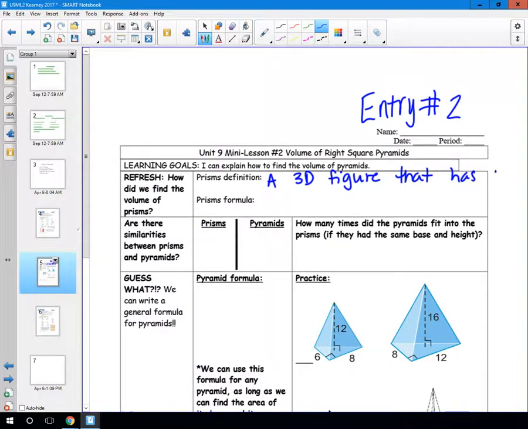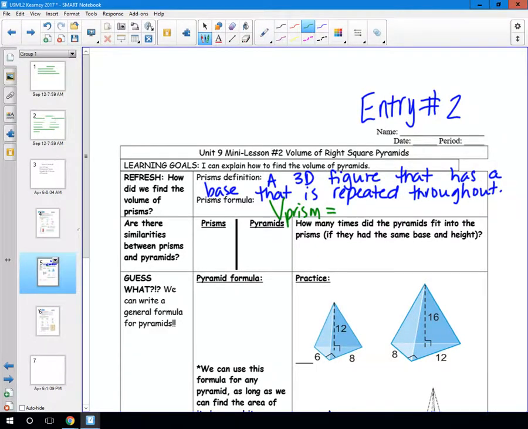So a prism is a 3D figure that has a base that is repeated throughout. And we talked about the formula for a prism. Volume of a prism. And we said volume of a prism is what?